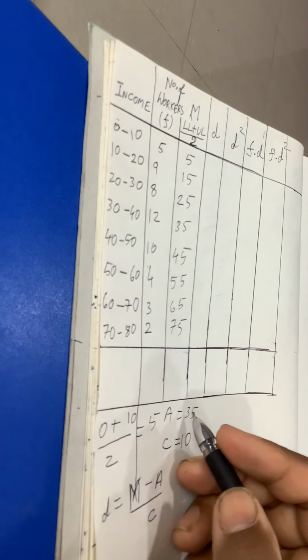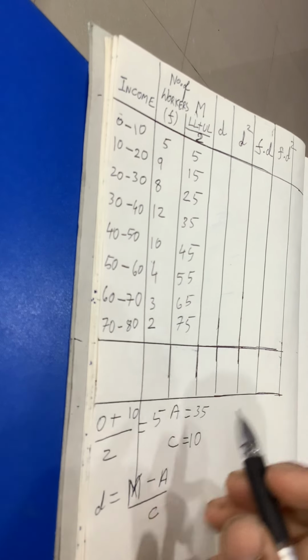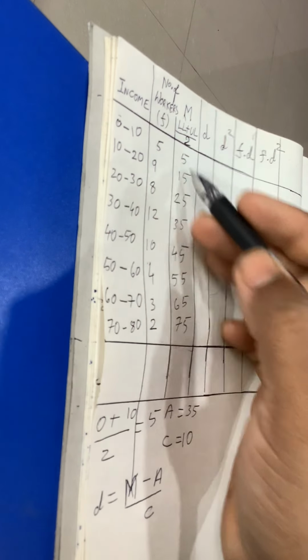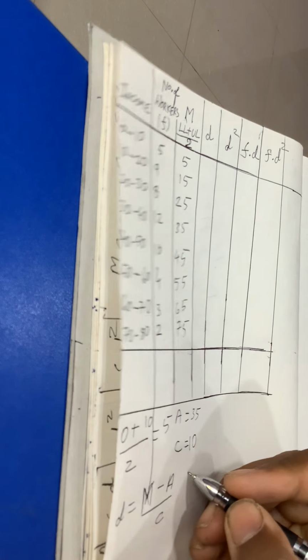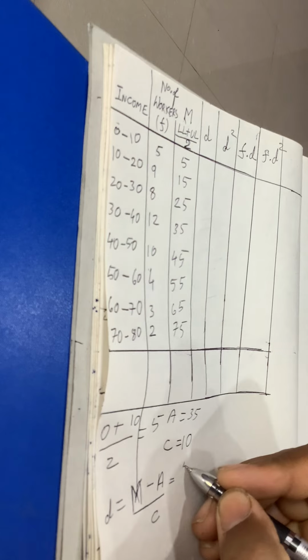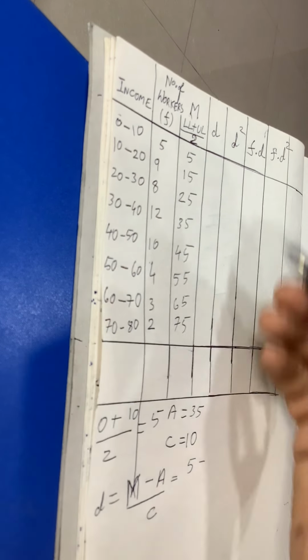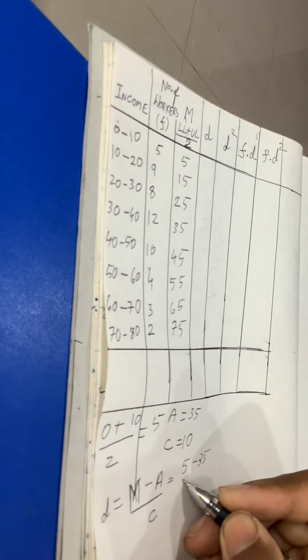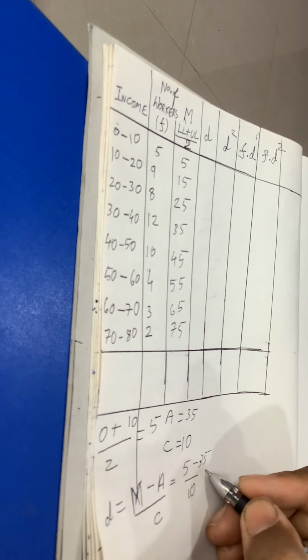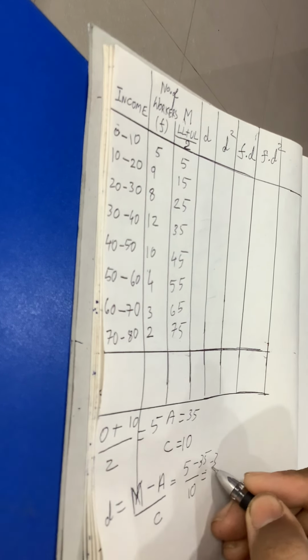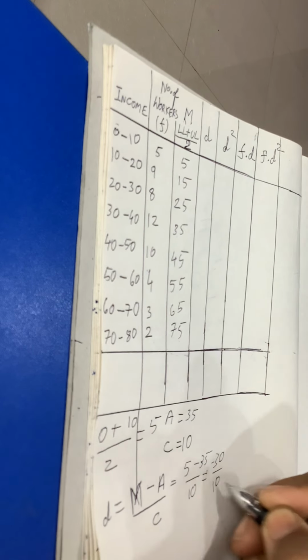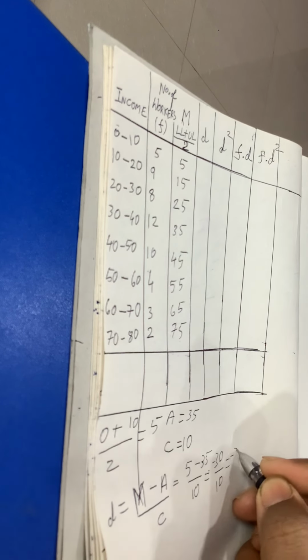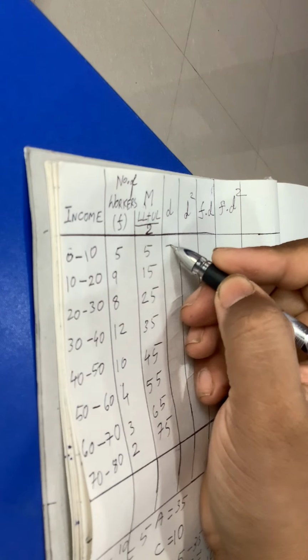Now C is equal to 10, A is equal to 35 for us, and for each class interval we will take the midpoint as our M. So for the first one, it is 5 minus 35 divided by 10. This is equal to minus 30 divided by 10, which gives us minus 3. The first D is minus 3.